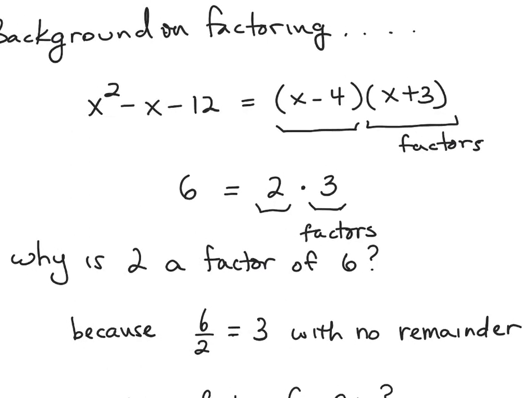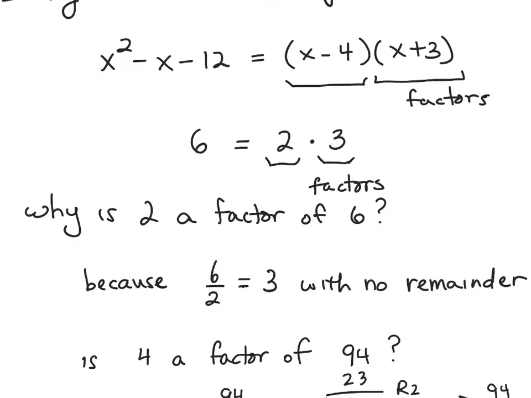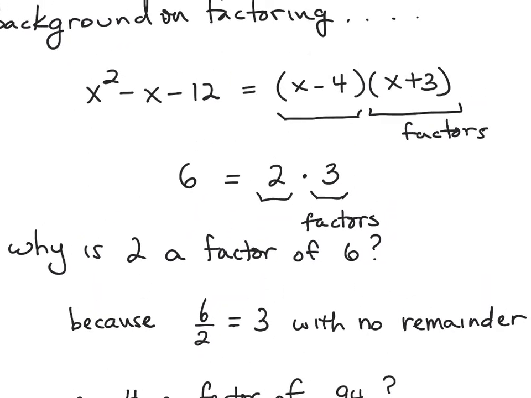Another way of writing this: if 6 divided by 2 is equal to 3, then you can also write that 2 times 3 is equal to 6. This statement proves that 2 is a factor, but it also gives another factor, because remember, factors always come in pairs. So if 2 is a factor, it has to multiply with something else in order to equal 6, and it's 2 times 3.